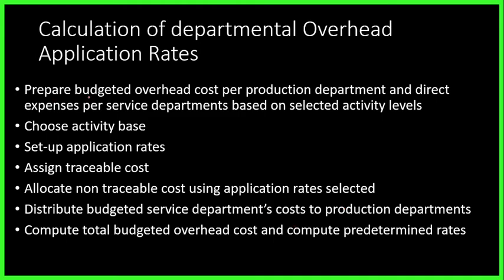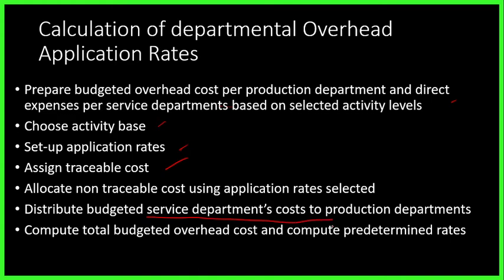Ayun lang naman. Is how do you calculate the department overhead application rates? Okay, so you prepare the budgeted overhead cost per production department, and then you choose your activity rate. Once you have the estimated cost and your activity base, you can now set up your rates. Ayan. And then you look for traceable factory overhead. You allocate non-traceable cost. You distribute your budgeted service departments' cost.